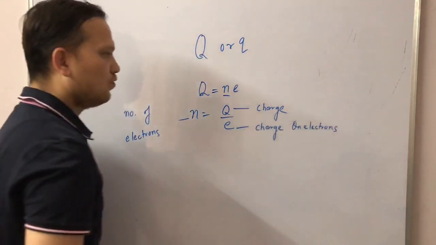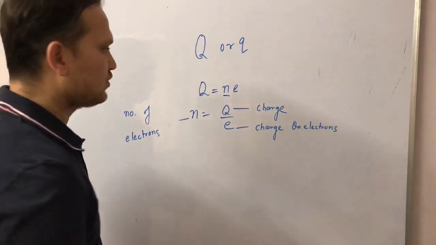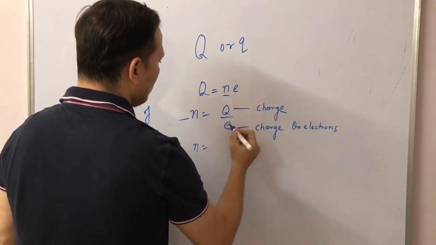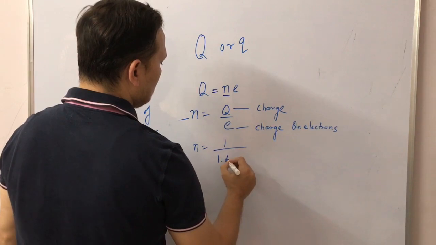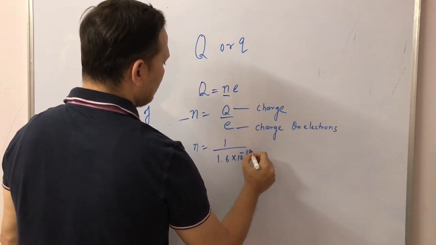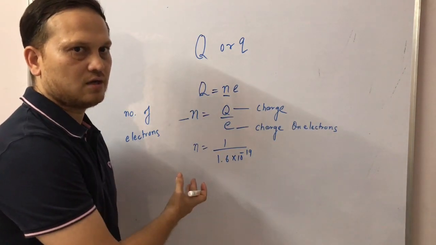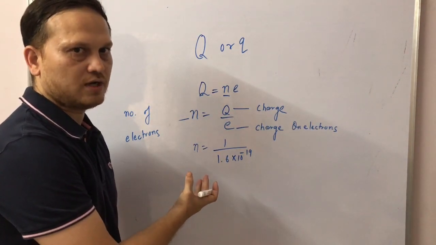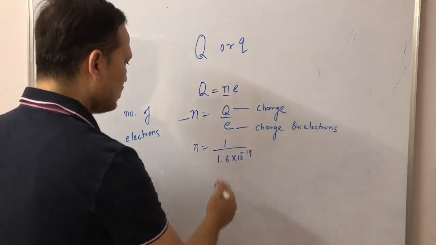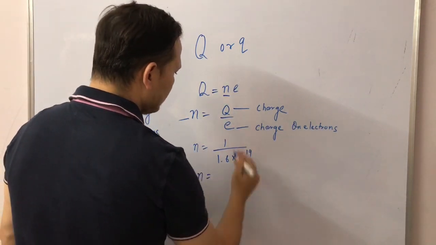So we have to find how many electrons are in 1 coulomb of charge. By putting the value 1 and the charge on the electron, 1.6 into 10 to the power minus 19 coulomb, we take the magnitude here.